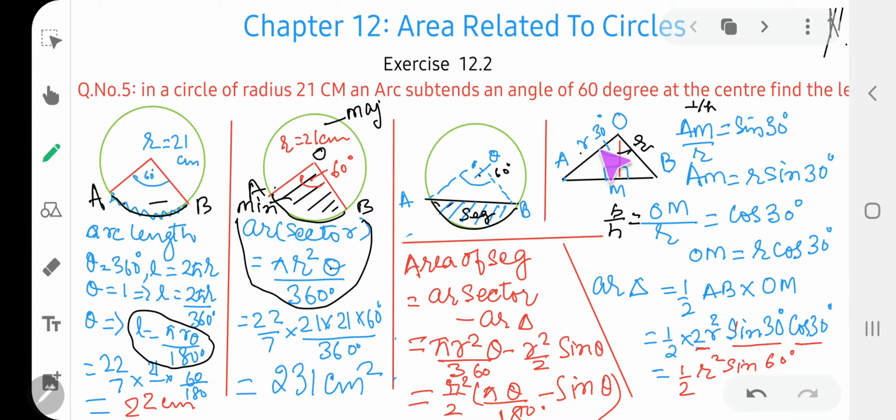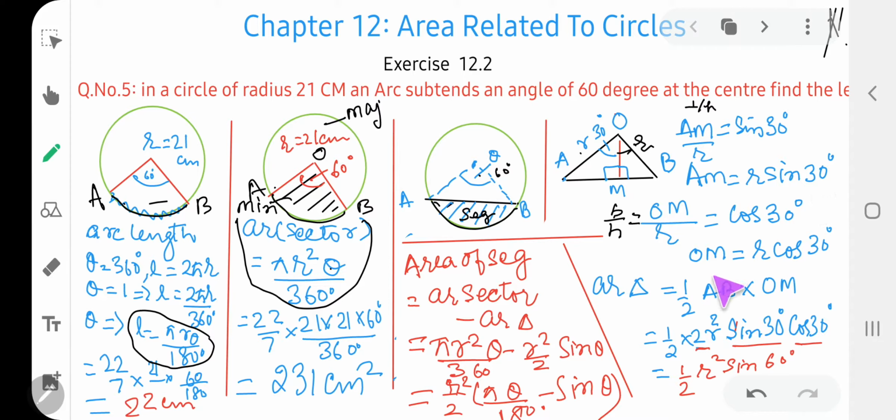Now find the area of this triangle, which is equal to half base into height. Base is AB, which is double of AM. In place of AB I will write twice AM, so it will be 2R sine 30 degrees, with the half as it is.